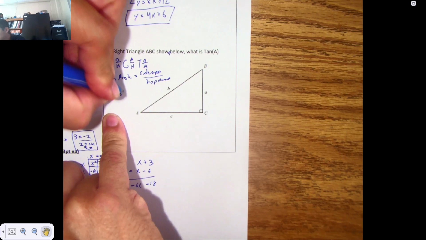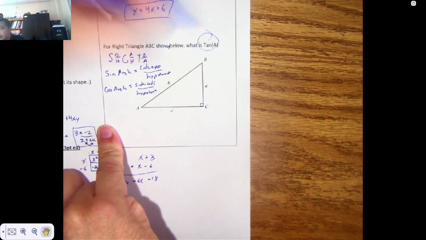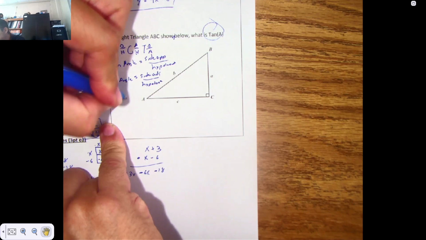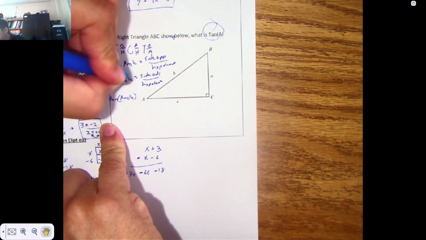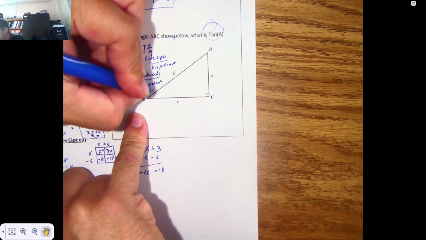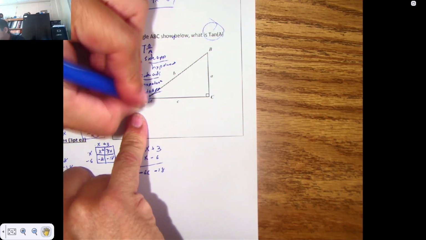The cosine of an angle is the side adjacent over the hypotenuse. And what we're asking about here is tangent. The tangent of some angle, and you should be wrapping that in parentheses by the way, is the side opposite over the side adjacent.